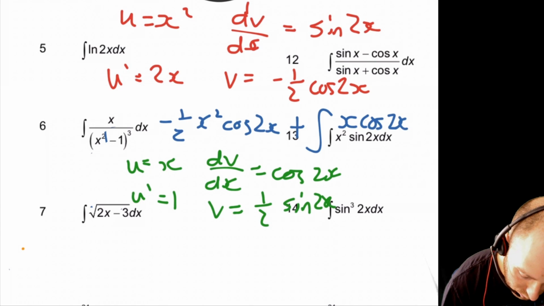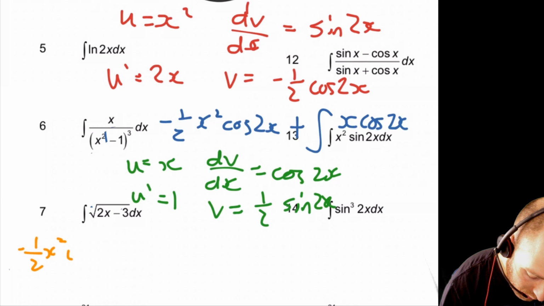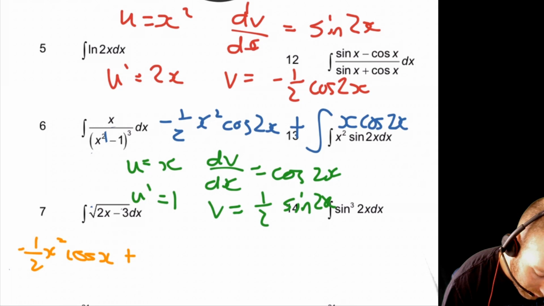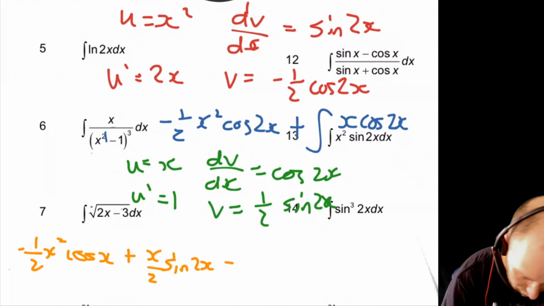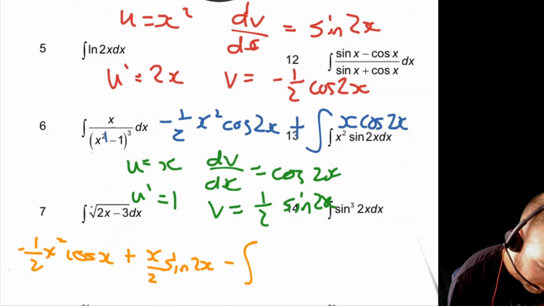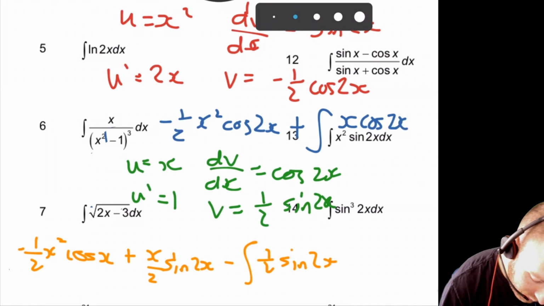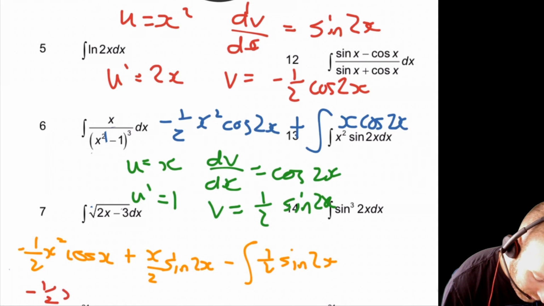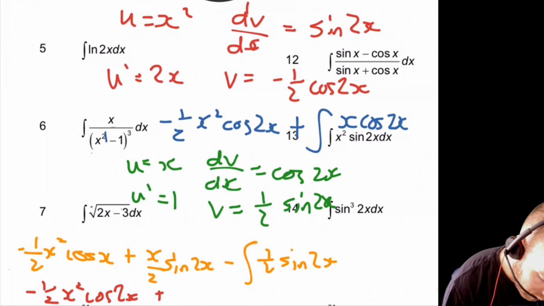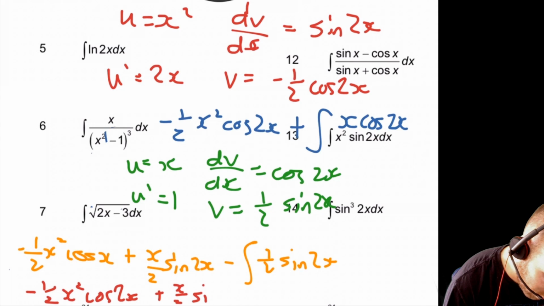So do the integral, write it all out, minus a half x squared cos 2x plus uv, so that's x over 2 sine 2x, minus the integral v du dx, so minus a half sine 2x. So we integrate that, and the final answer, minus a half x squared cos 2x, plus x over 2 sine 2x.